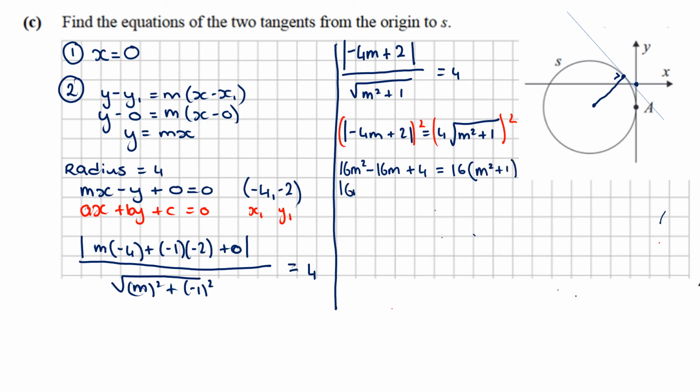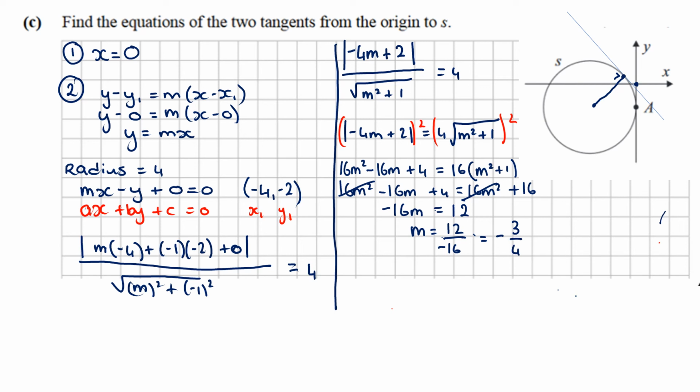So we get 16m squared minus 16m plus 4 equals 16m squared plus 16. 16m squared on both sides cancel, so I have minus 16m equals 16 minus 4, which is 12. m is equal to 12 over minus 16, and that simplifies into minus 3 over 4.